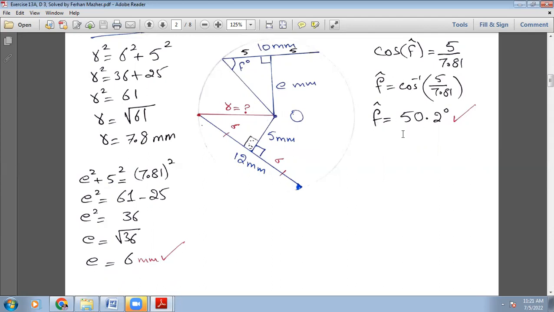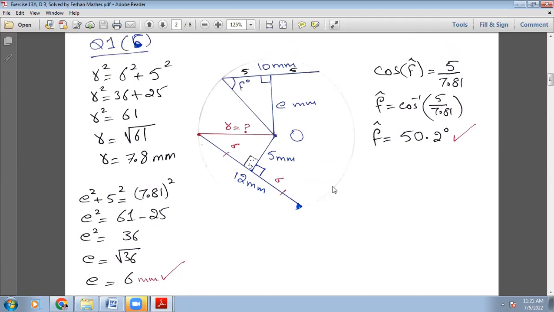In your calculator, you will write shift cos bracket 5 divided by 7.81 bracket close. So F will be equal to 50.2. So this is how you will do that question.